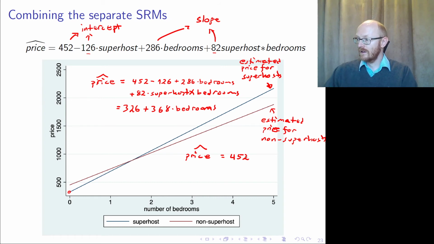Okay, so here we get the intercept for non-superhosts, and the slope is 286, and we are not adding the 82 because for non-superhosts, this product between superhost and number of bedrooms is 0. Okay, so it's times bedrooms.